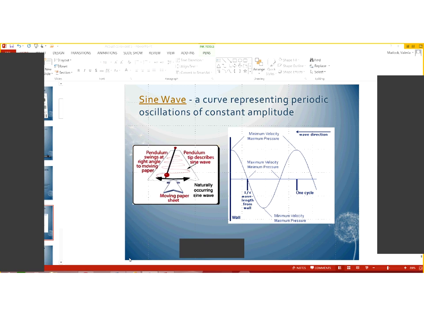So that's just one sound. The minimum velocity is at the point of maximum displacement. So it's at that millisecond where you stop, or where the pendulum stops before it moves back the other way.